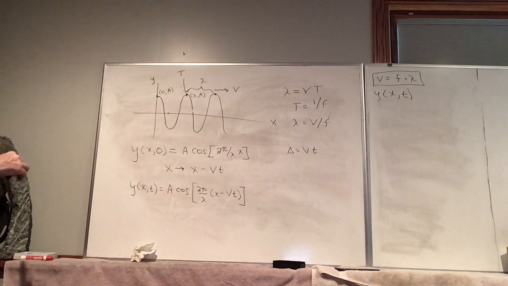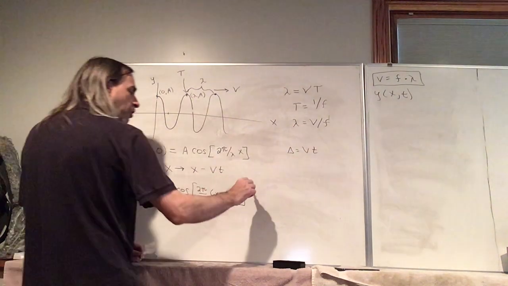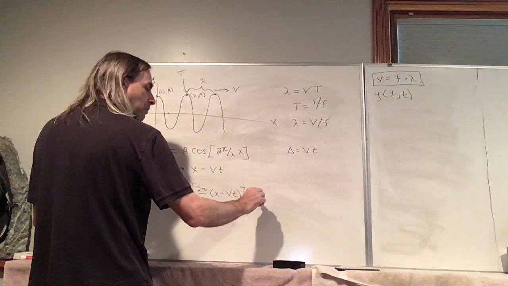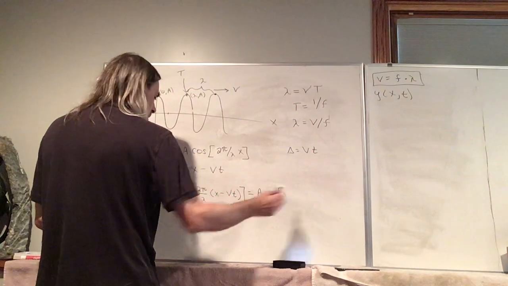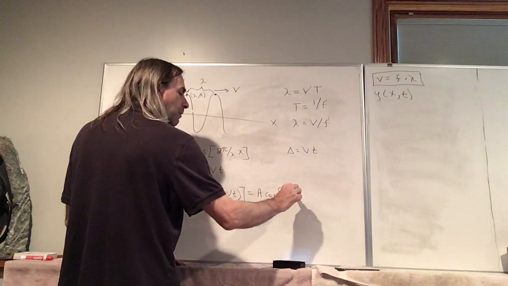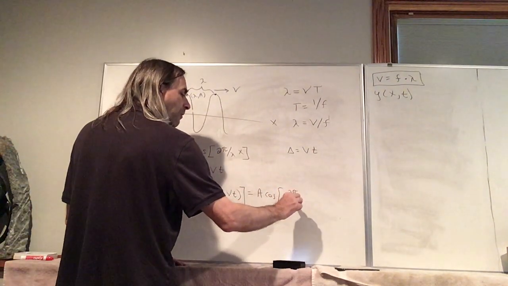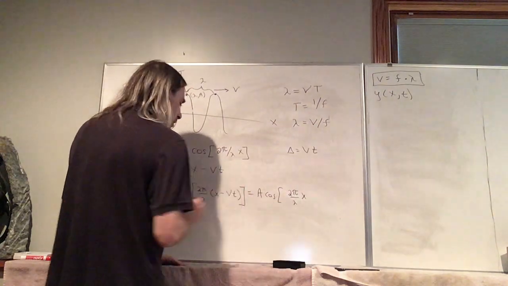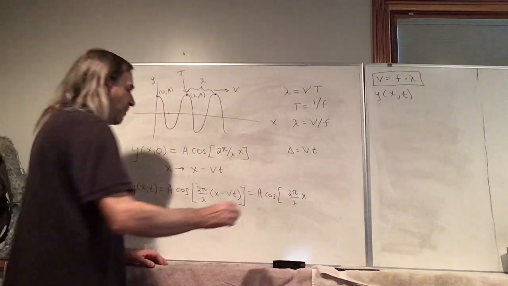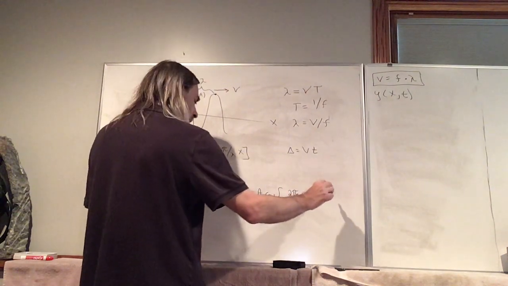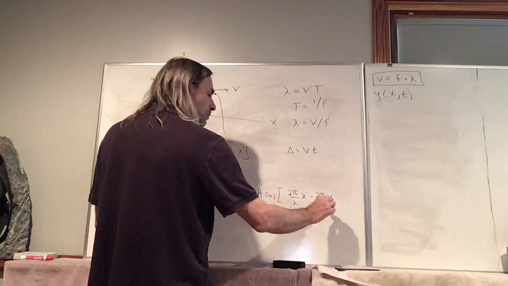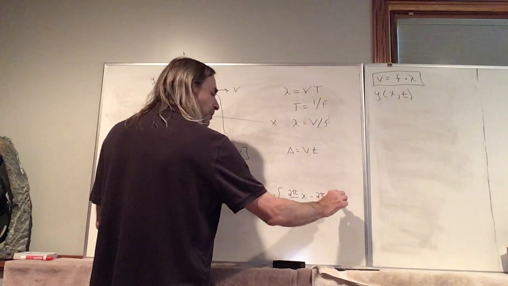So first thing, let's distribute this 2 pi over lambda. So we have 2 pi over lambda times x. And then over here we have minus 2 pi v over lambda times t.